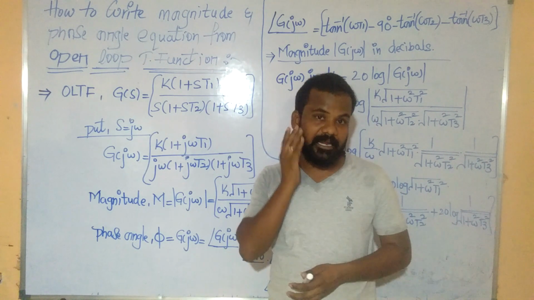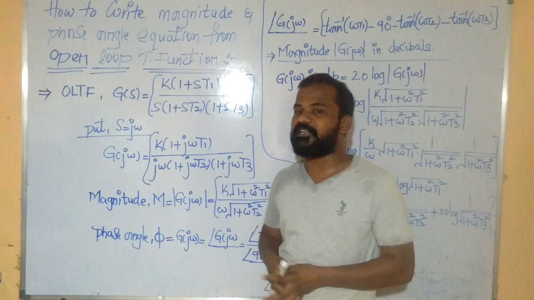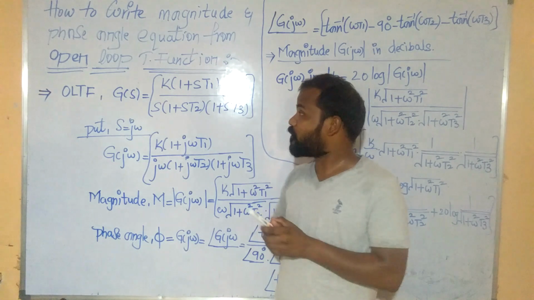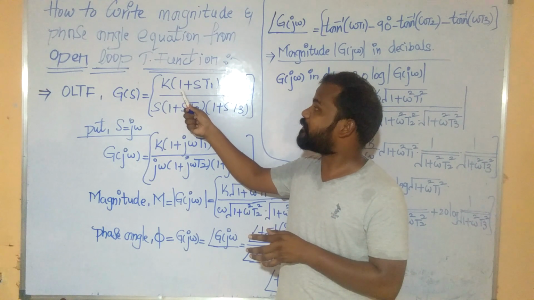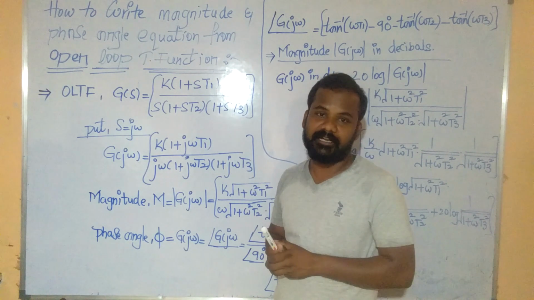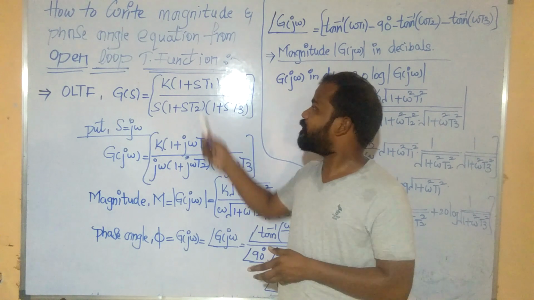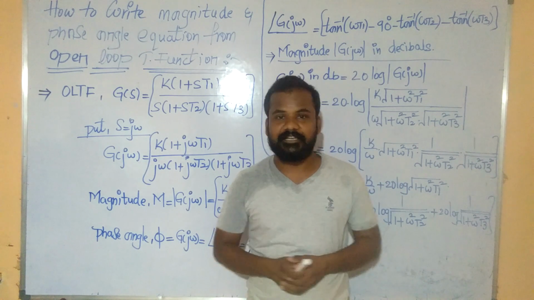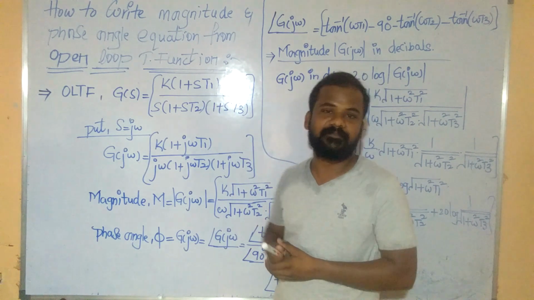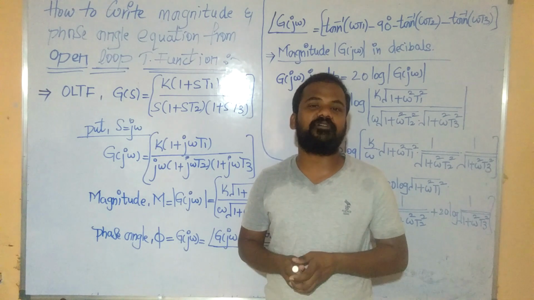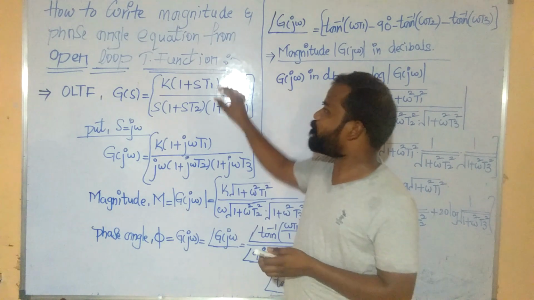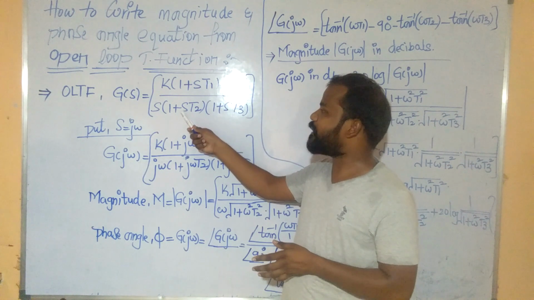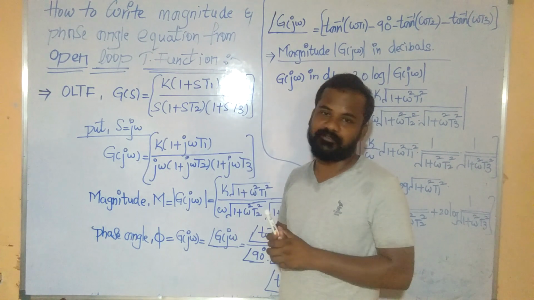Now for the phase angle of the term 1 plus s T1: 1 is the real part and j omega T1 is the imaginary part. So we directly use tan inverse of imaginary by real to get the phase angle. Like that, we find the phase angles for all the terms.